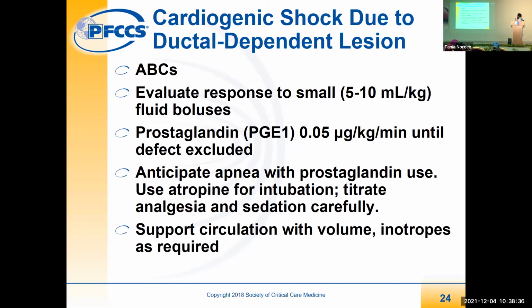So Dr. Bushra actually discussed a little about these duct-dependent lesions. These are a bit less commonly seen compared with the other causes of shock, but these are very important because if these are not managed in time, it's very hard to bring the patients back. For any patient with cardiogenic shock, as we already discussed, we give small boluses, not 20 mils like in hypovolemic patients.